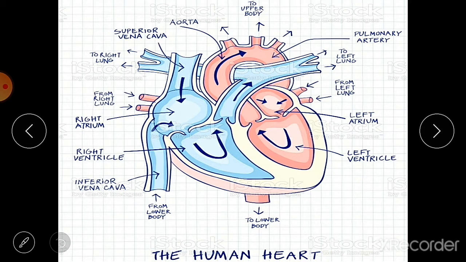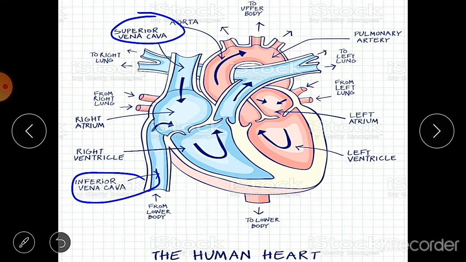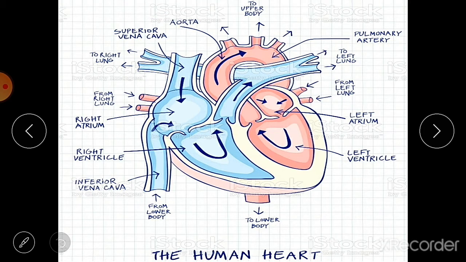I have told you already that the blood which is carried to the heart from all the body parts, for this function there are two main veins, that is superior vena cava and inferior vena cava. Superior vena cava brings deoxygenated blood from the upper body, that is head, neck and the upper limbs.